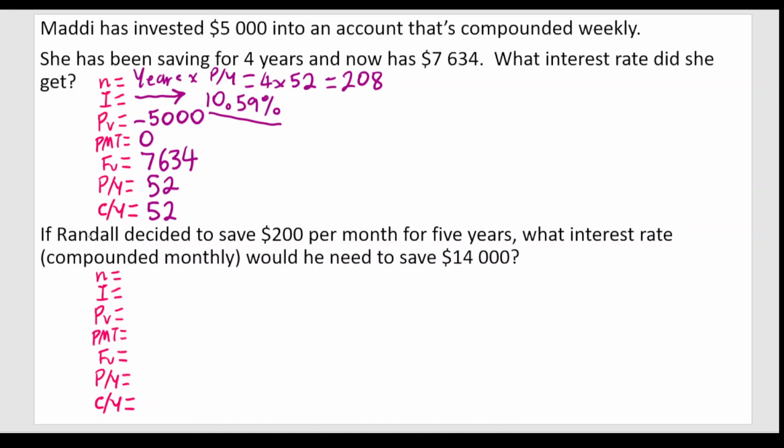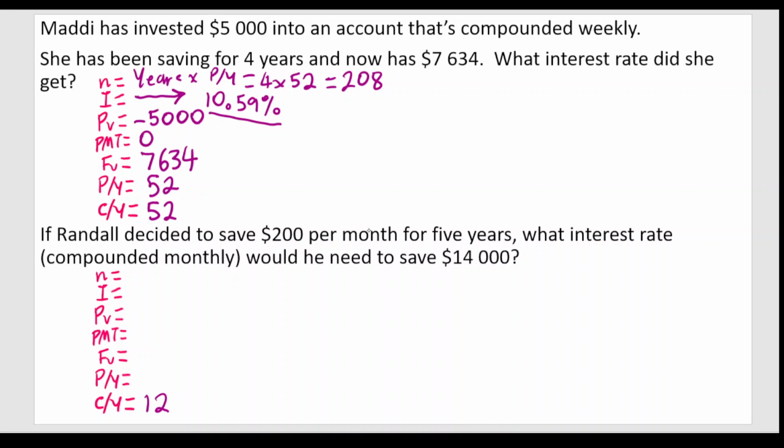With the second question, Randall is saving $200 a month for 5 years. What interest rate would he need to save $14,000 if his interest is compounding monthly? So again, a few things that we can put in here straight away. It's compounding monthly, so I'm going to say that it is 12.